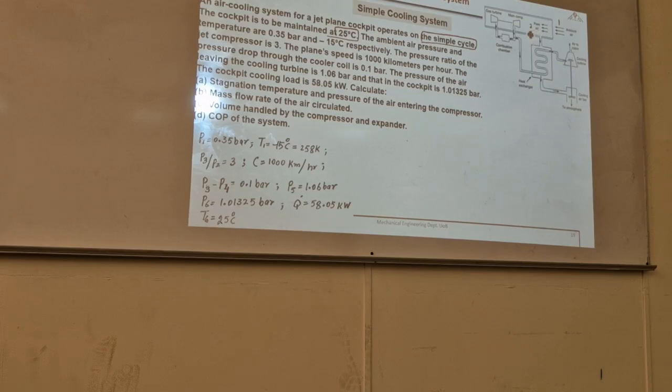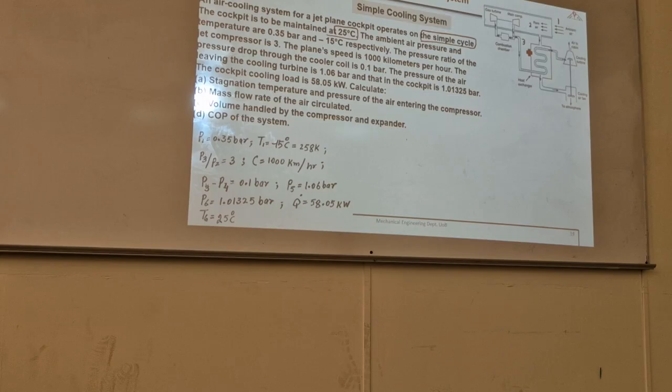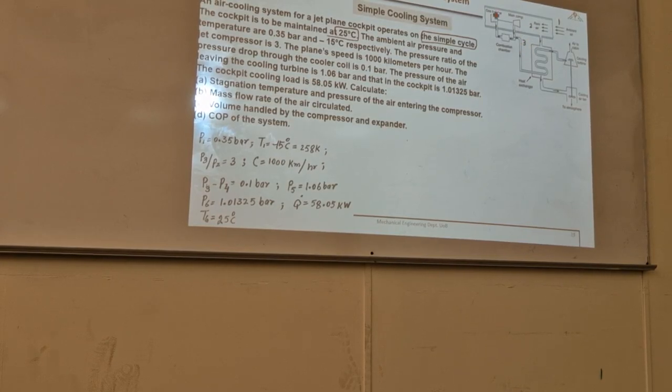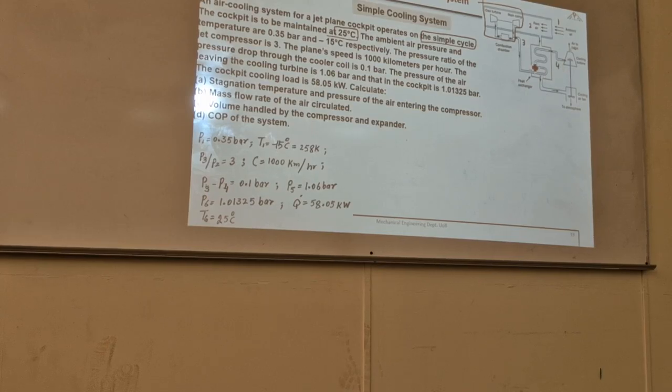Then from 2 to 3, in the main compressor of a jet engine, there is further compression. A part of it is flowing towards the air conditioning system. Then from 3 to 4 there is cooling in a heat exchanger with that air at point 2.